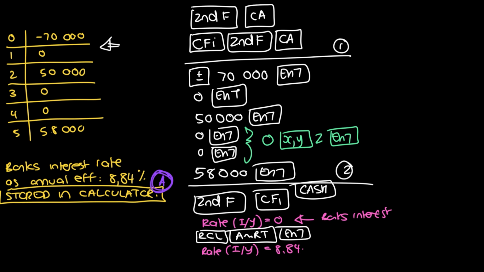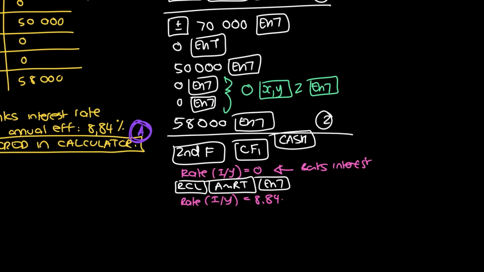Then we are going to push the down arrow to get the NPV showing up. So we're going to push the down arrow, and then on our screen, it's going to show the net PV is equal to 0. And we're just going to say, okay, update this value by pushing the compute button.